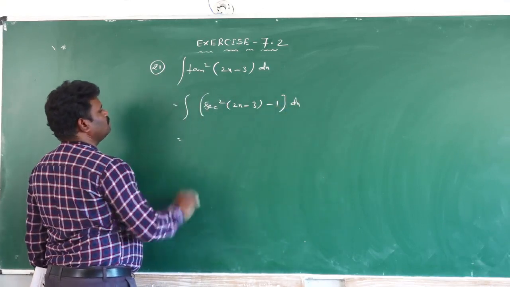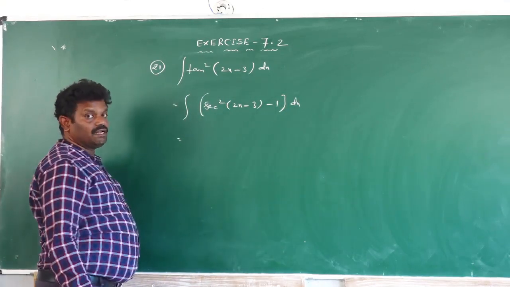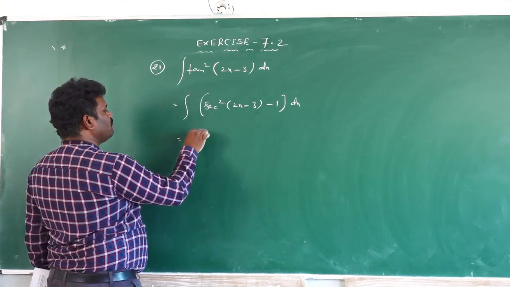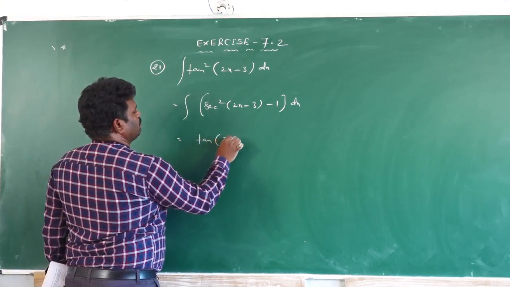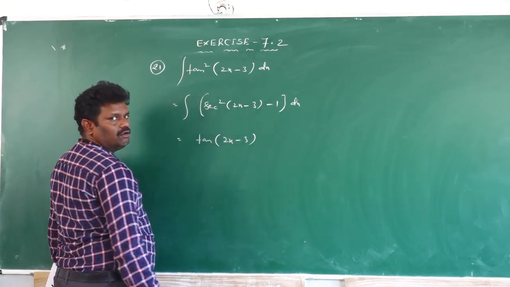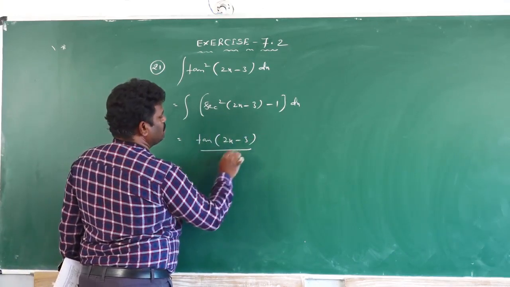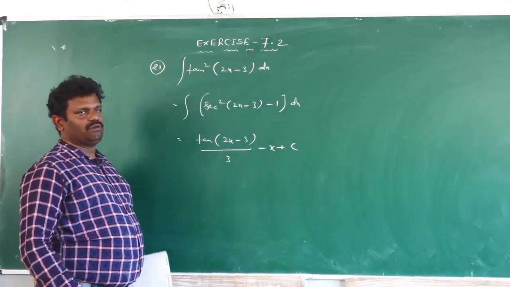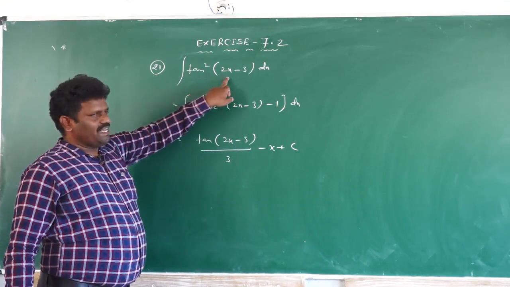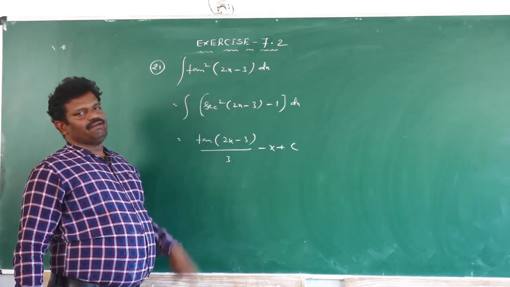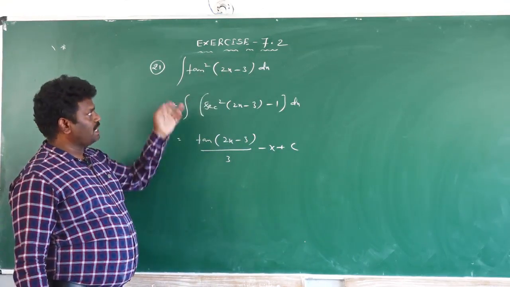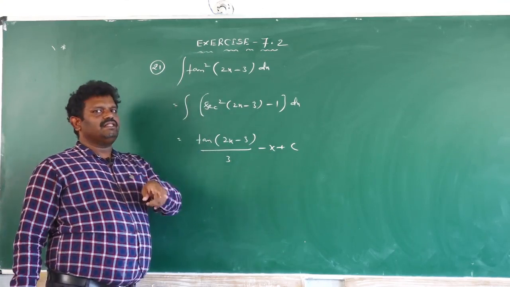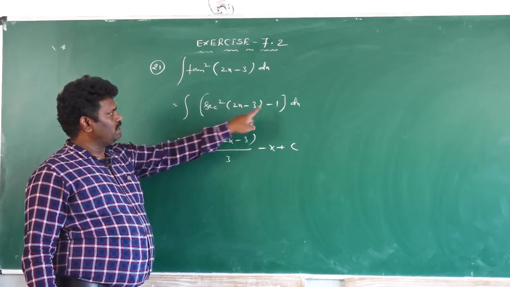The integral of secant square x dx is equal to tan x. So here we get tan of 2x minus 3, and again divide by the derivative of 2x minus 3, which is 2, minus x plus c. The integration of tan square x is not directly there, so we convert it: secant square x minus tan square x is equal to 1, so tan square x is secant square x minus 1.